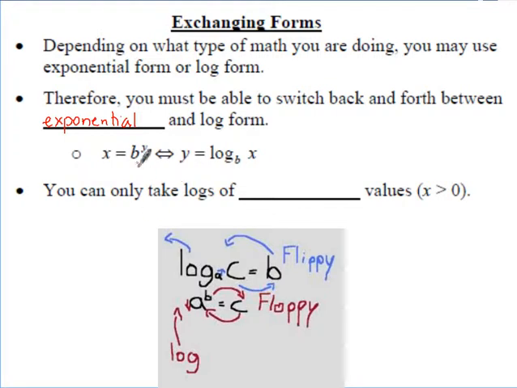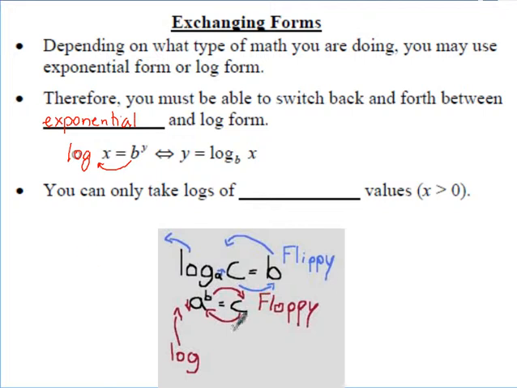This b actually moved down in front of the x, didn't it? So this b is going to move down here if you want to convert from exponential to log form. It is a base, whether it's down on the bottom a real tiny number or a big number. And then you just say the log base b of x. It's a way to rewrite this.